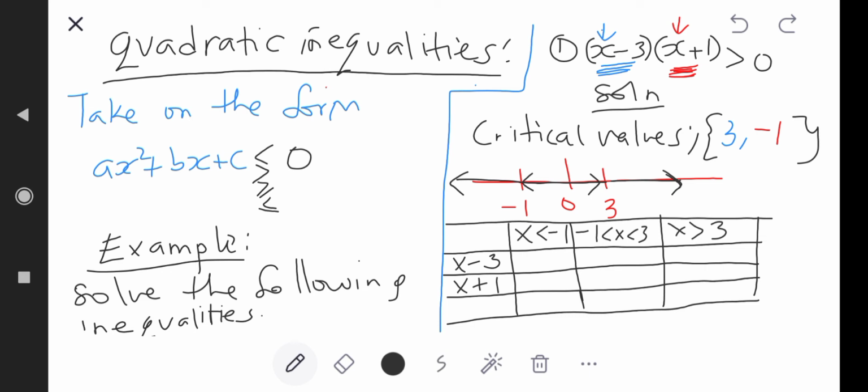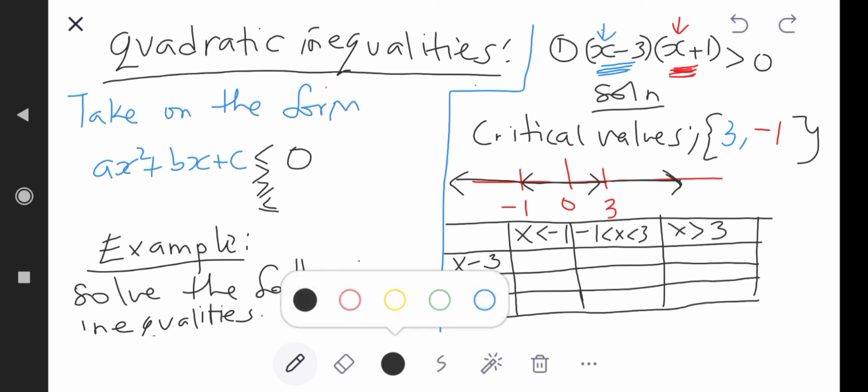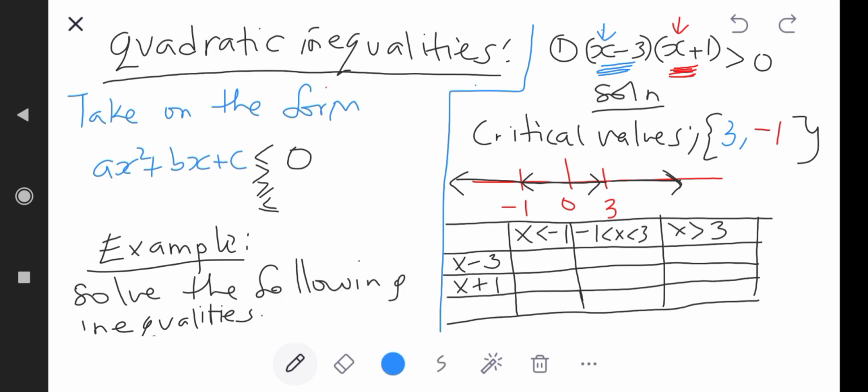So the next thing I'm going to do is to choose values in these regions that I have selected up here. I choose a value bigger than 3, it can be a 4. A value between -1 and 3, that one can be a quick 0.